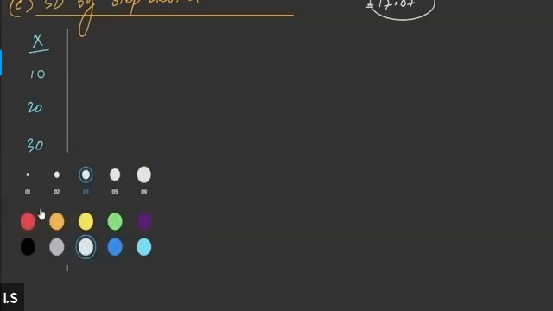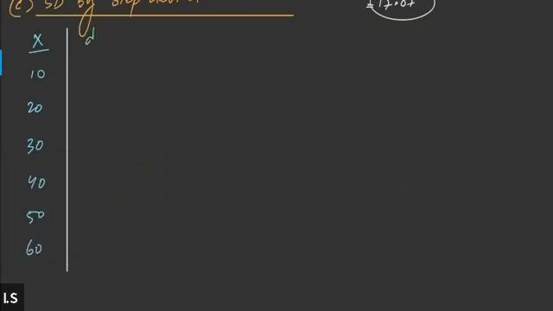So d will be found out as usual, x minus a. So let's assume 30, again 30 is the assumed mean. So 10 minus 30 will be minus 20, minus 10, 0, 10, 20, and 30.